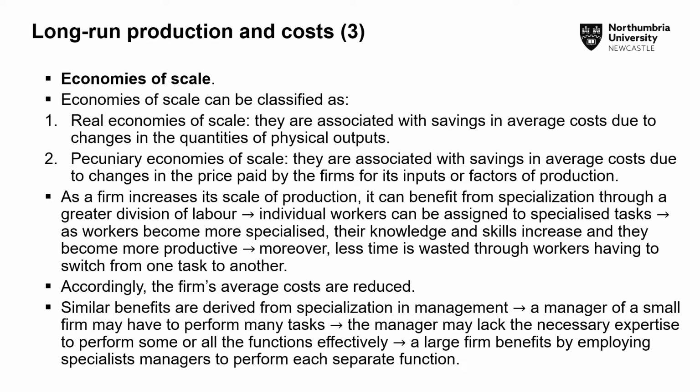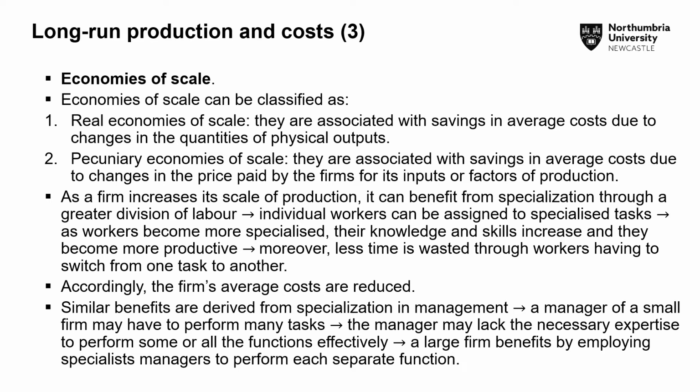Hence, less time is wasted through workers having to switch from one task to another. So as you can see, there we would have economies of scale arising as a result of this specialization. So hence, average costs are then reduced.